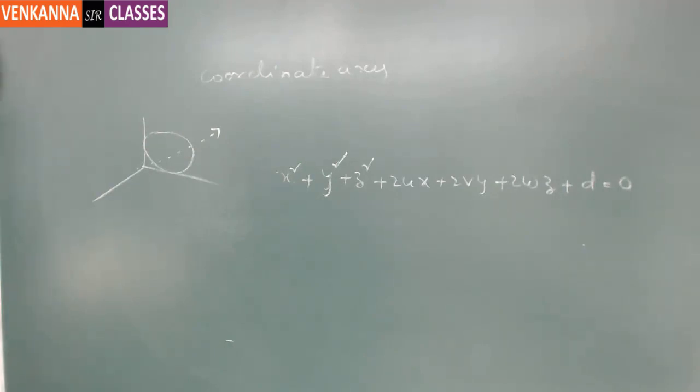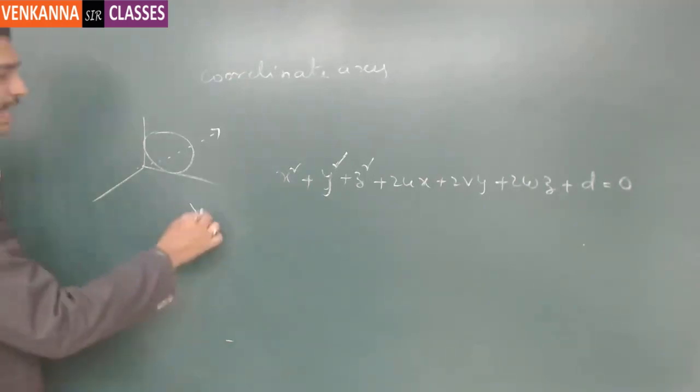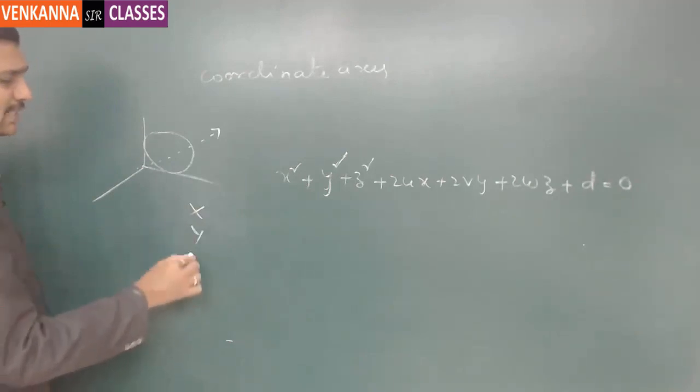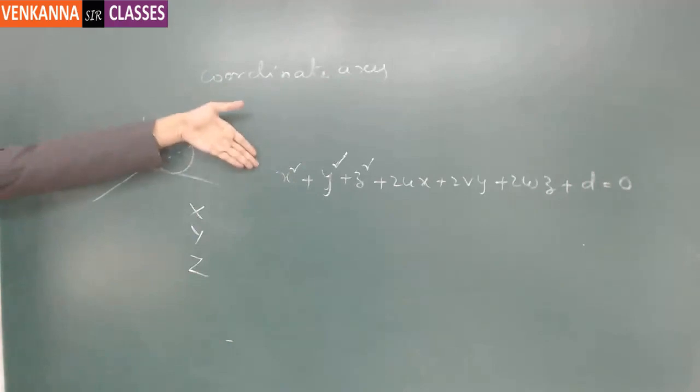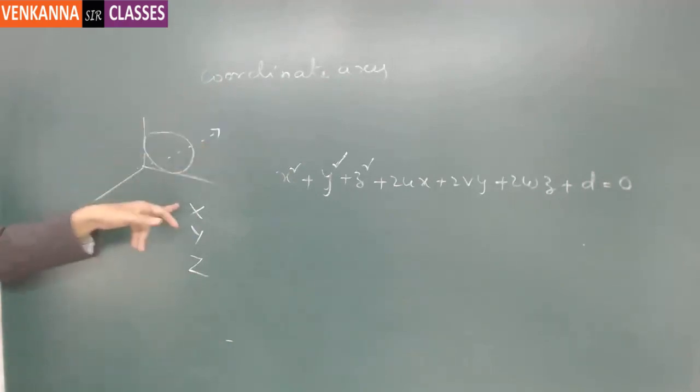Obviously, the procedure is very similar to the previous case. Let us consider the general equation of the sphere which is written there. You have the x-axis, y-axis, z-axis. The sphere is touching the 3 axes.